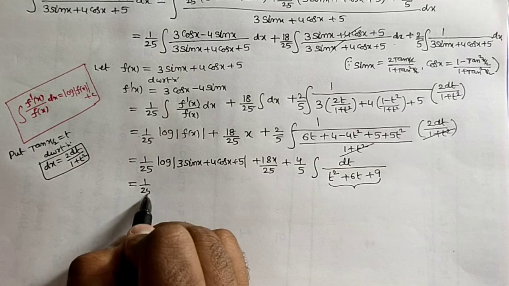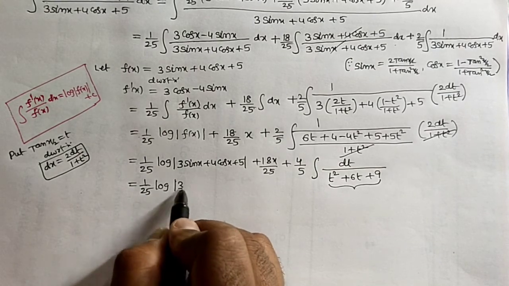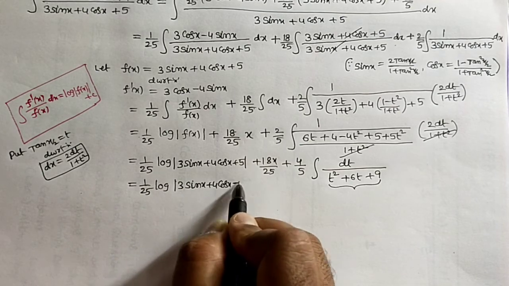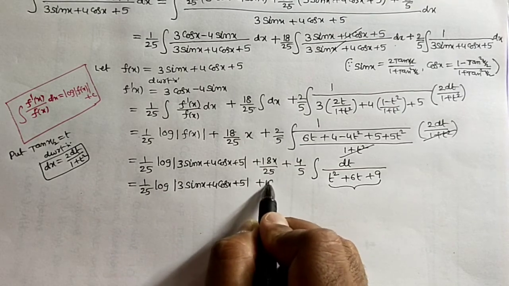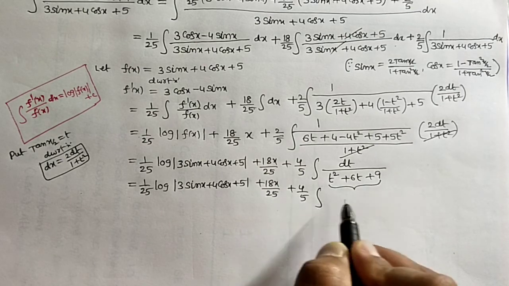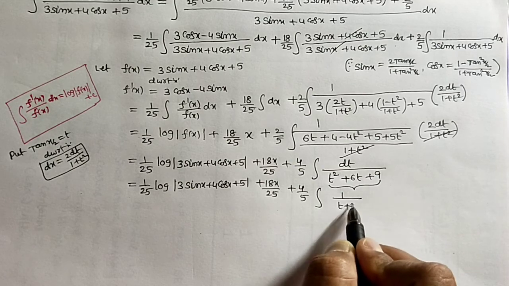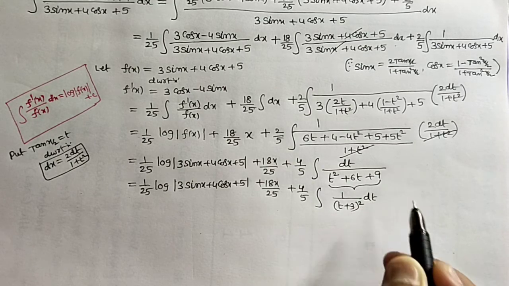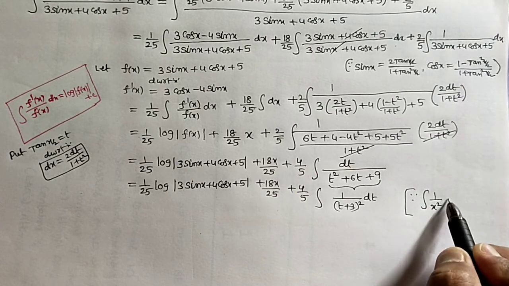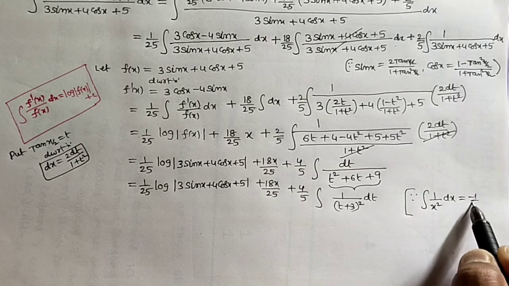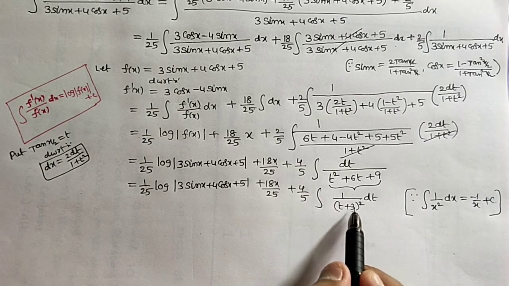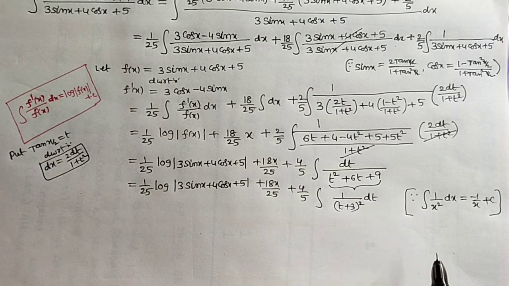1 by 25 log mod 3 sin x plus 4 cos x plus 5, plus 18x divided by 25 plus 4 by 5 integral 1 by t plus 3 whole square into dt. We have the formula integral 1 by x square dx is equal to minus 1 by x plus c. Similarly, integral 1 by t plus 3 whole square dt is minus 1 by t plus 3.